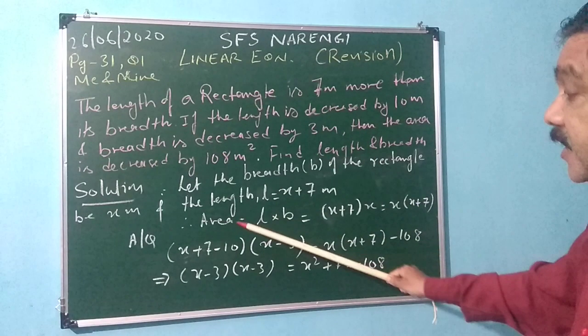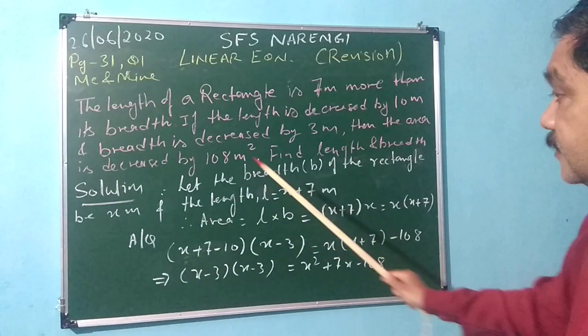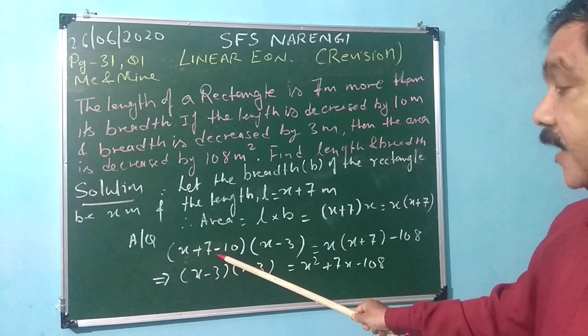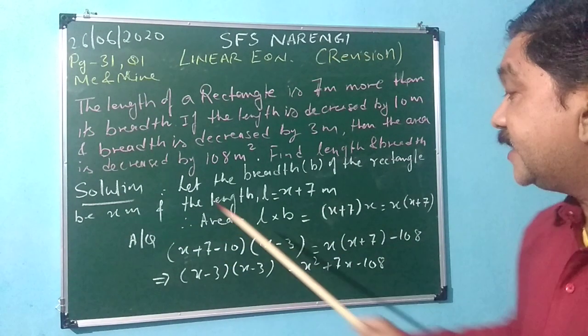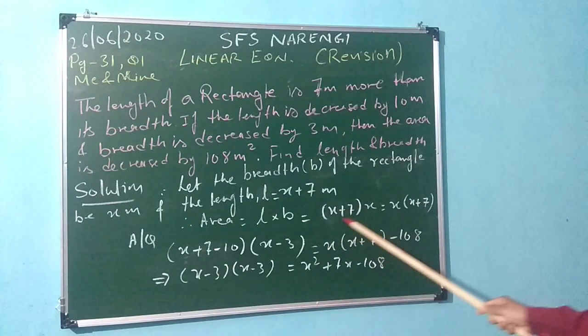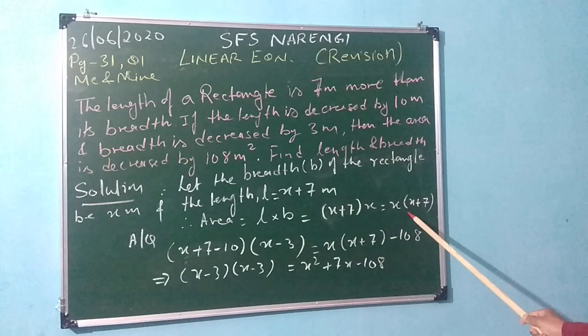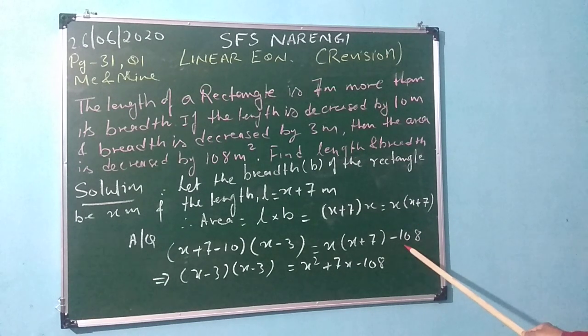Now what happens if this length is decreased by 10 and this breadth decreased by 3, then this area decreases by 108 square meter.